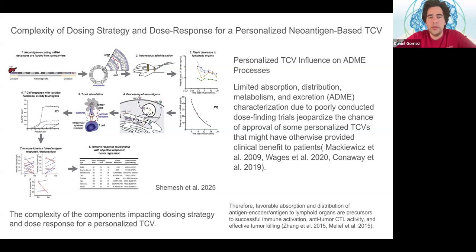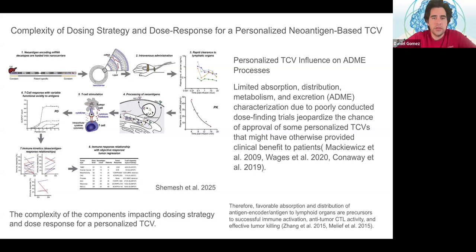So we get the plasma concentration of the carrier in nanograms per milliliter and time post-infusion by hour, and that's for rapid clearance to the lymphatic organs. And then for the PK, or pharmacokinetics, we can see the plasma concentration of the mRNA and the time post-infusion per minute.